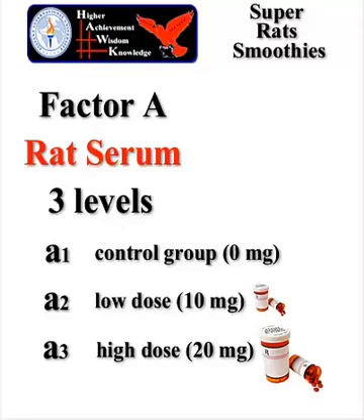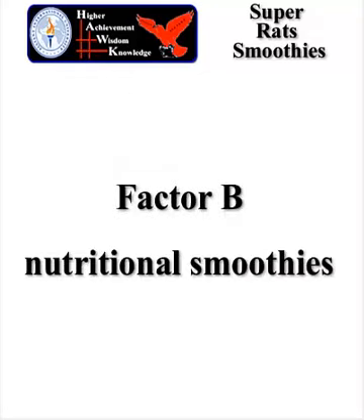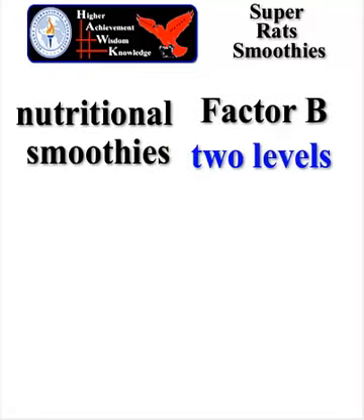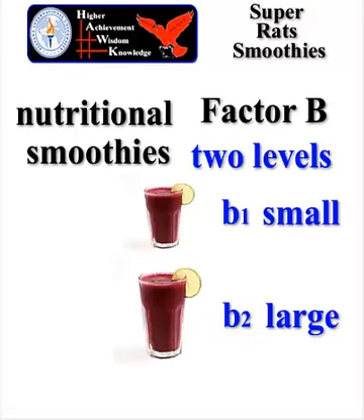And hopefully, they're claiming that the more serum these guys get, the more push-ups they're going to do. So that's what we're going to test. Factor B is the IV2, the rat smoothies, yum yum. And there are 2 levels or 2 subgroups, right? It's just going to be a small and a large. It's probably sponsored by Jamba Juice.